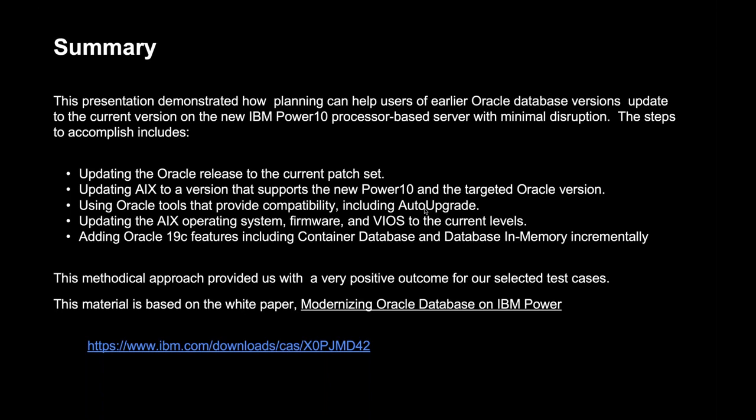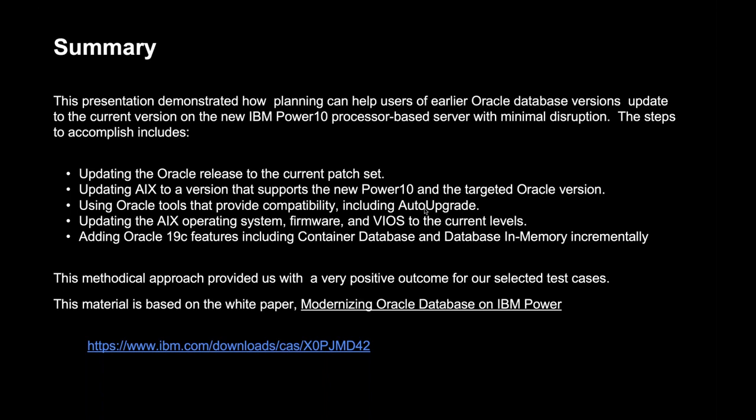So try to get your existing Oracle installation current on the existing system before you start to make any other upgrades. Get your database version current. That gives you consistency with what Oracle is managing as support. It gives you consistency with what other testers are seeing.